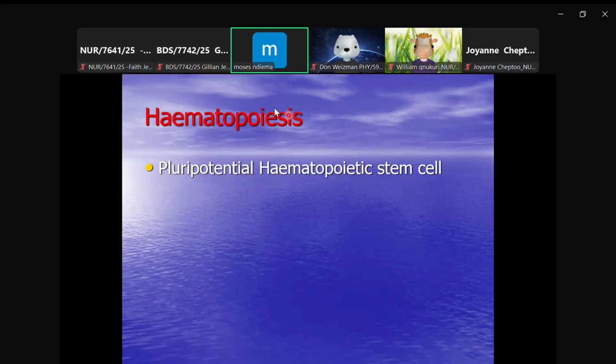Within the bone marrow, the thrombocytes have what you call megakaryocytes. Mega means large, karyocyte, very large nucleus, sometimes up to double the chromatin material. This comes about because of what you call endomitosis.